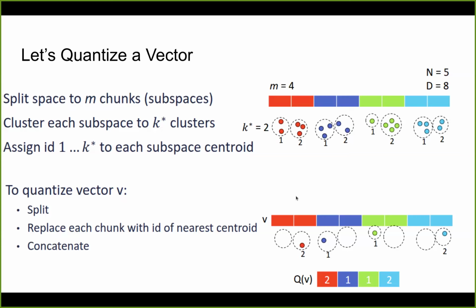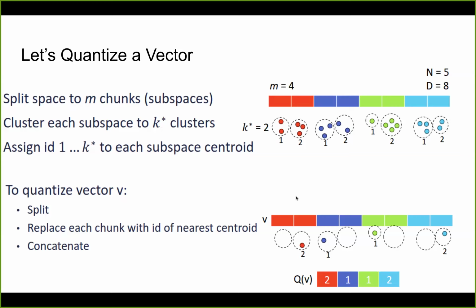Imagine in each cluster you have 10 vectors, and you're representing these 10 vectors only by one centroid. At this point, you achieved a 10x compression ratio, right? Because you don't need to store vectors anymore. You only store the centroid of the vectors.